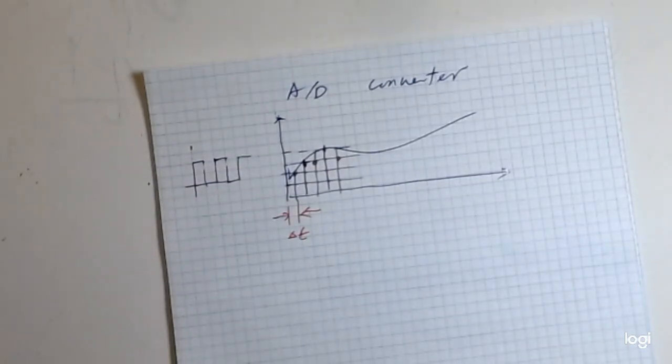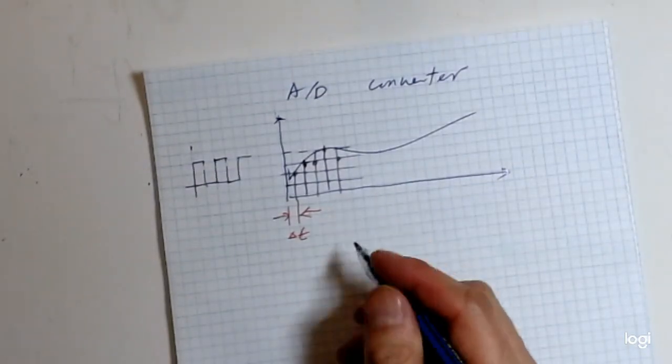Also, let's talk about the error of the AD converter.